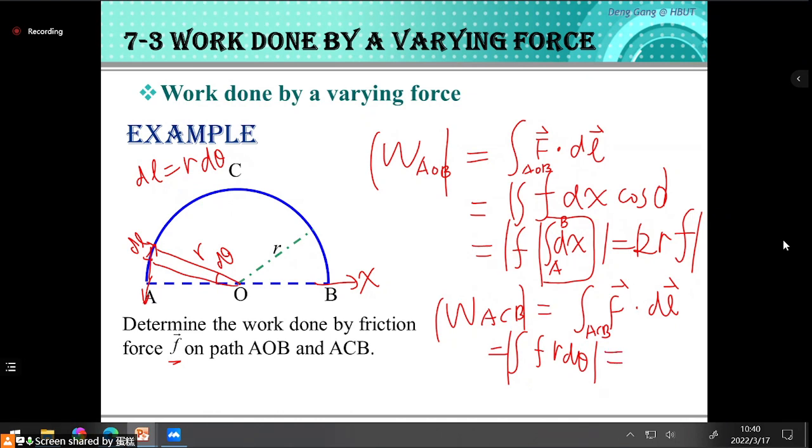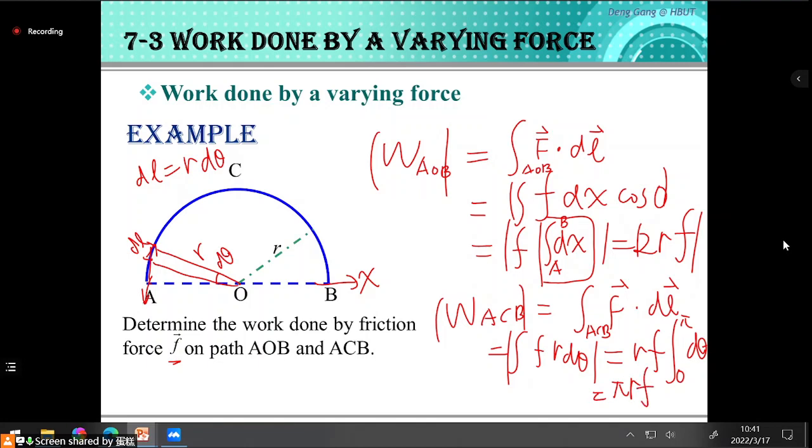So that is rF times the integration of d theta from, for example, 0 to pi. So that's pi rF, which is different from this.